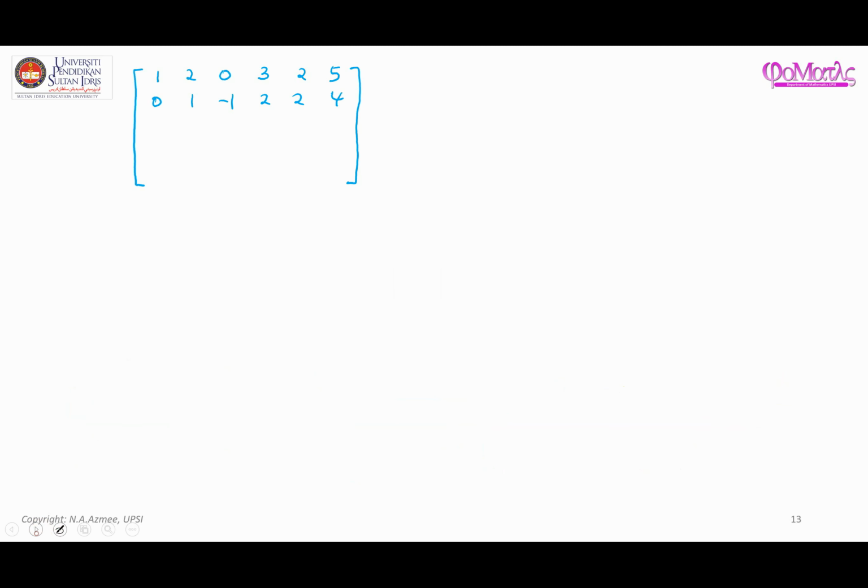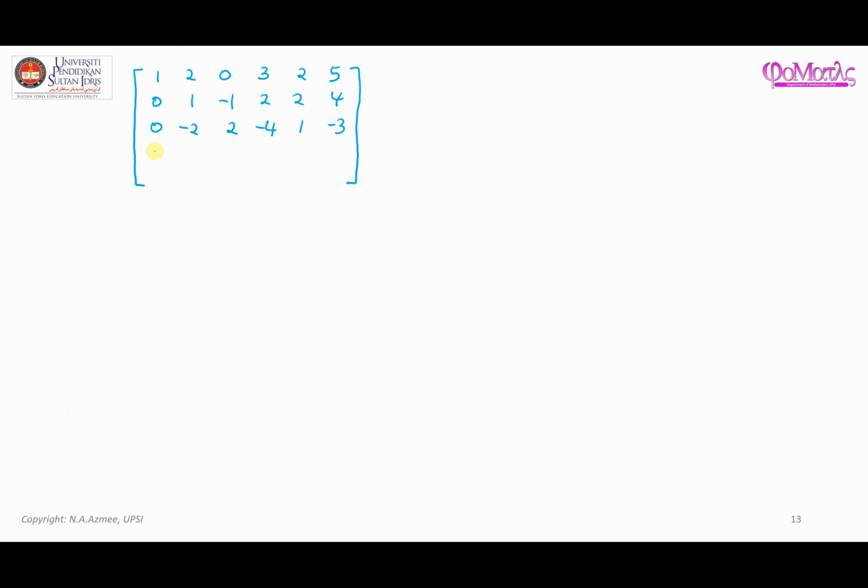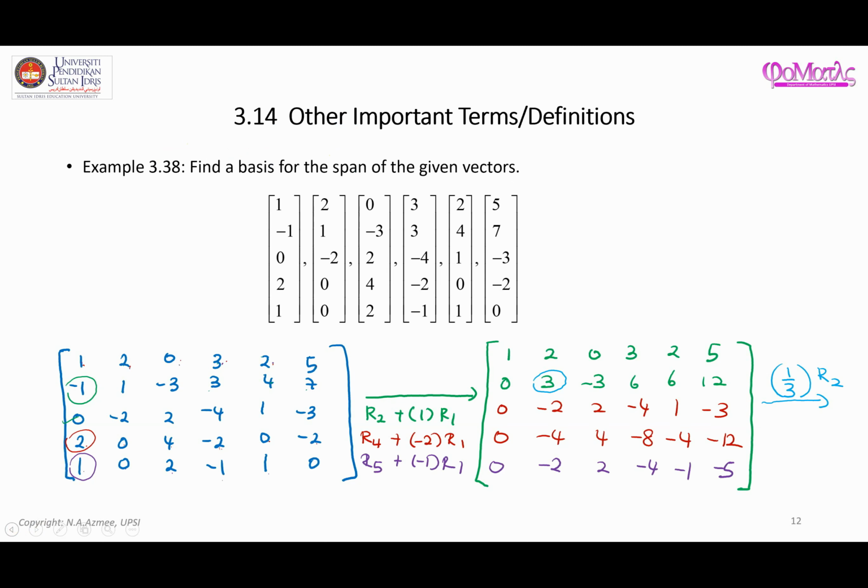So that would be 0 negative 2, 2 negative 4, 1 negative 3, negative 2, 2 negative 4, 1 negative 0 negative 4, 4. So here we will have 0 negative 4, 4 negative 8, negative 4, negative 12.